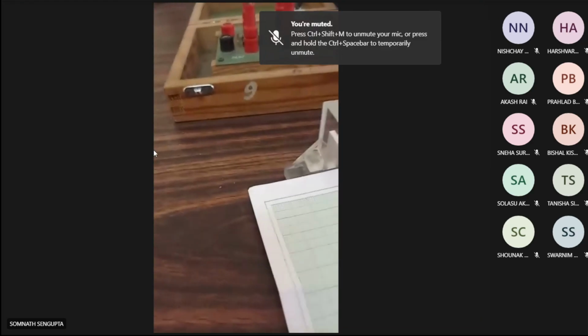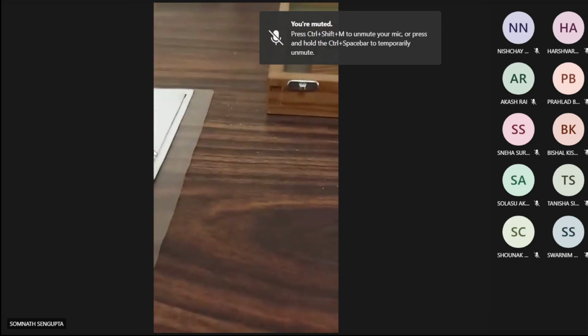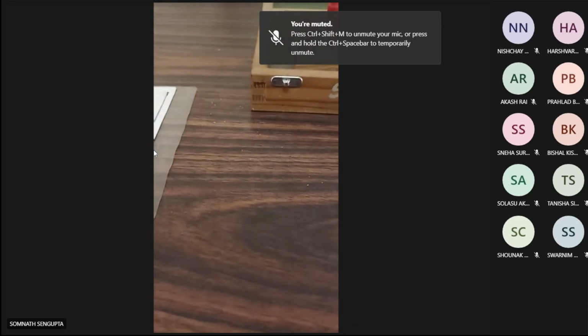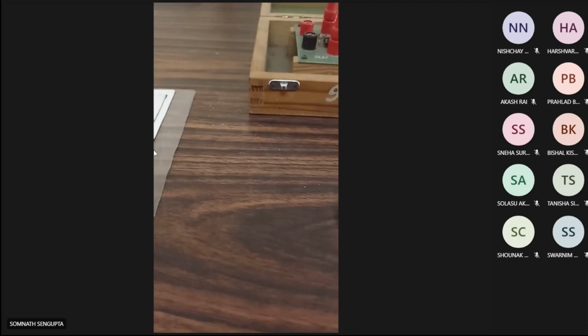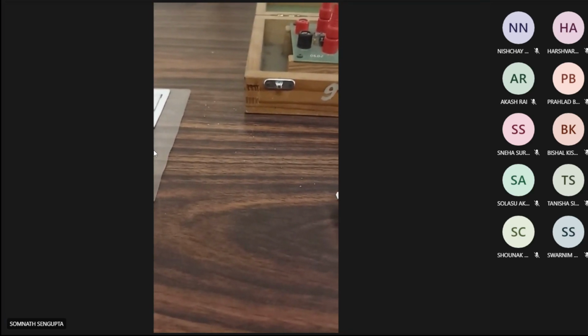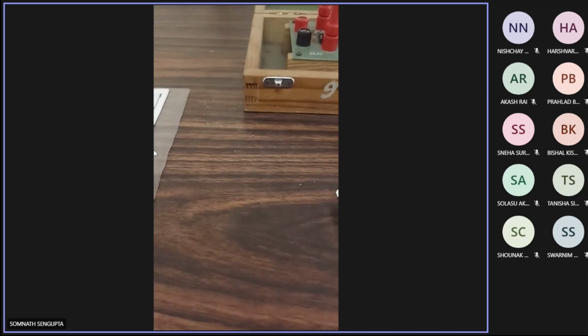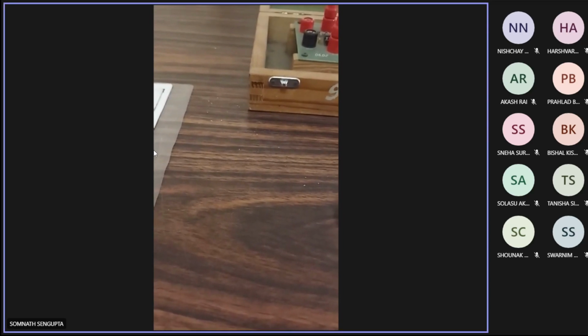Then let us say I want to keep it at 0.8 centimeters.